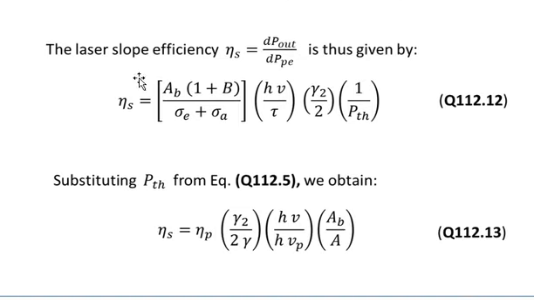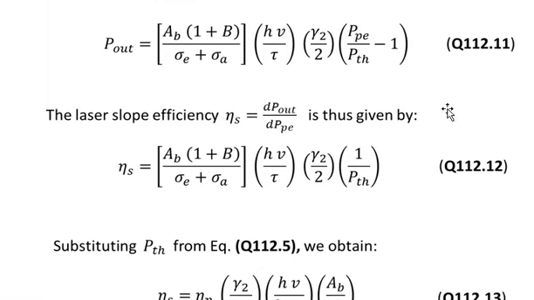You know that the laser slope efficiency is given by eta S, equal to the rate of change of output power with the input electrical power to the pump, that is dP out over dPPE. If you calculate this derivative from equation number 11, you can label that one as eta S. Only the last term will change during the derivation, because the derivative of PPE over P threshold with respect to PPE is 1 over P threshold, and the derivative of 1 is constant.